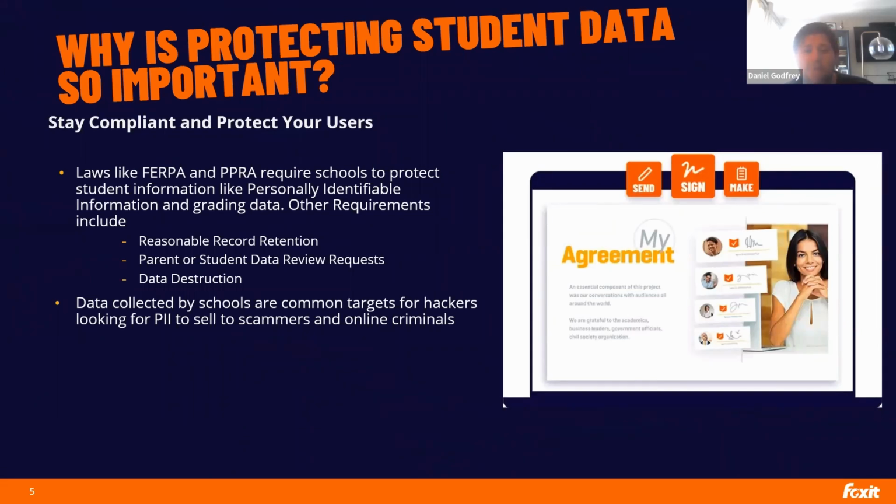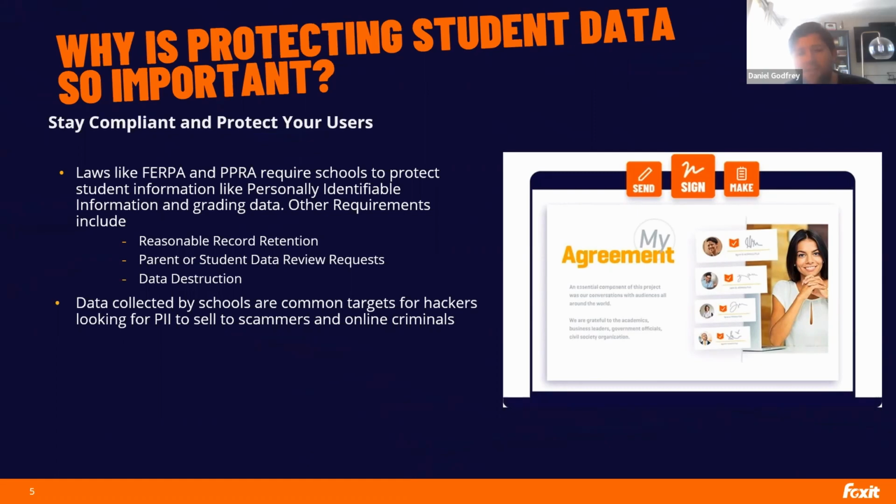FERPA and PPRA are two laws that require schools to protect students' information, specifically personally identifiable information, or PII. That might come up a couple of times in this webinar. That is information that can be used to identify an individual. So these things are like names, email addresses, phone numbers, characteristics about students.